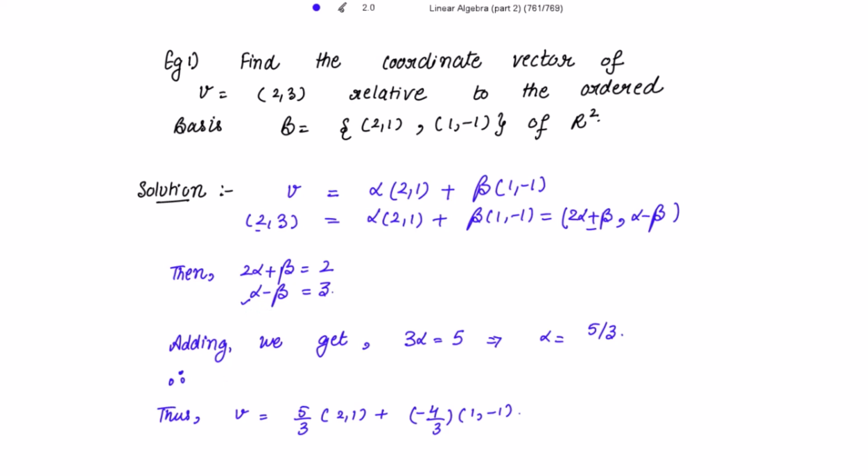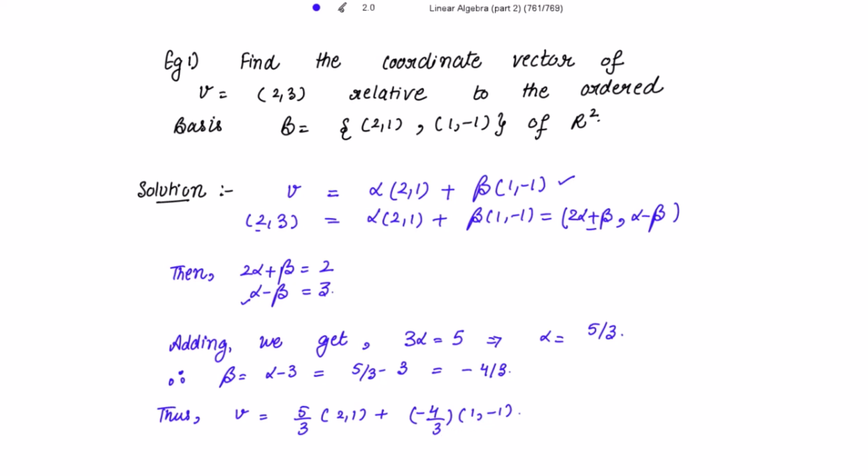I get the value of beta as alpha minus 3, which is equal to 5 over 3 minus 3, that is equal to negative 4 over 3. Right? So now putting these values of alpha, beta back into the first equation, you get V is equal to 5 over 3 (2, 1) plus negative 4 by 3 (1, -1).